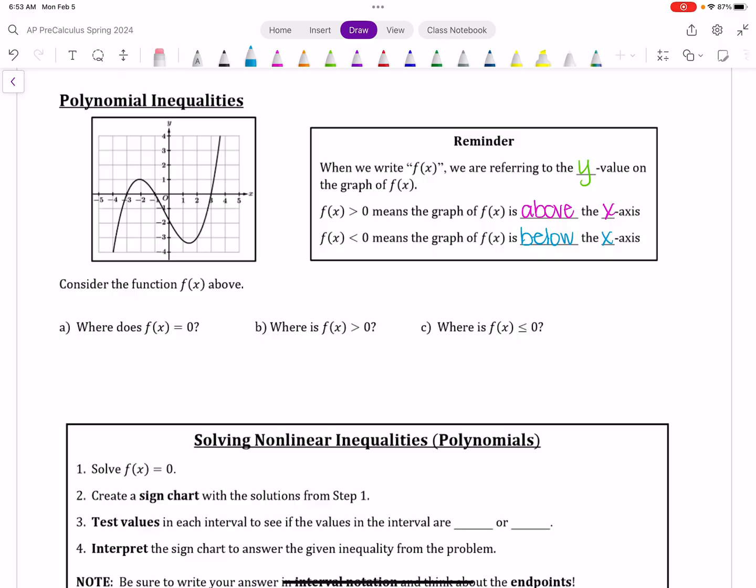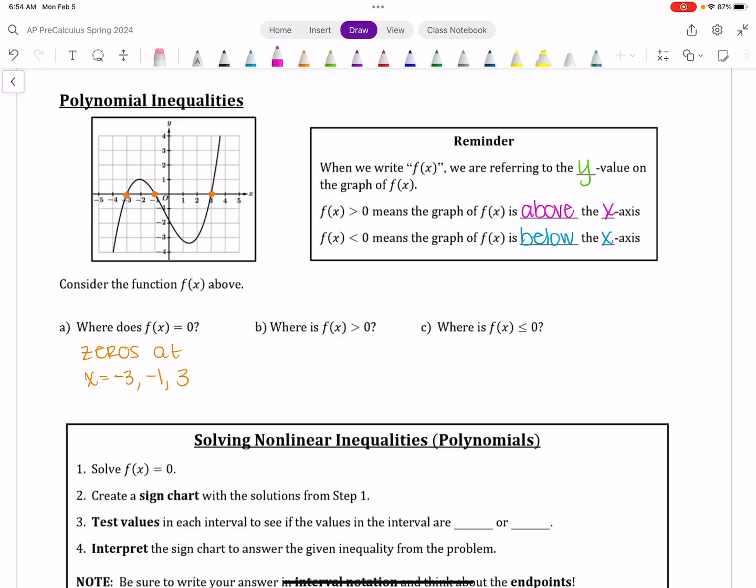So looking at the graph above, first it asks where f of x equals 0, and we have zeros at x equals negative 3, negative 1, and positive 3. Next, it's asking us where f of x is positive.